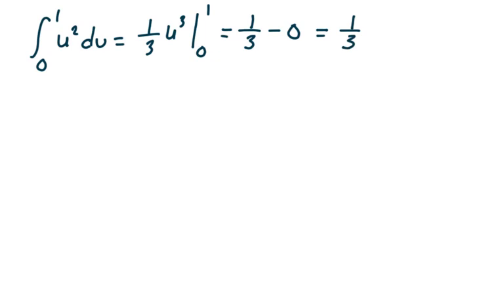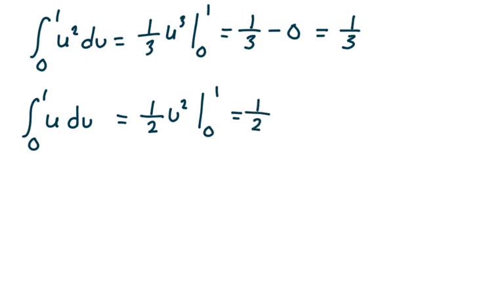So this is 1/3. The integral from 0 to 1 of u du is 1/2 u squared, evaluated from 0 to 1. And so replace u with 1, I get 1/2. Replace u with 0, I get 0. And I subtract. And the answer is 1/2.